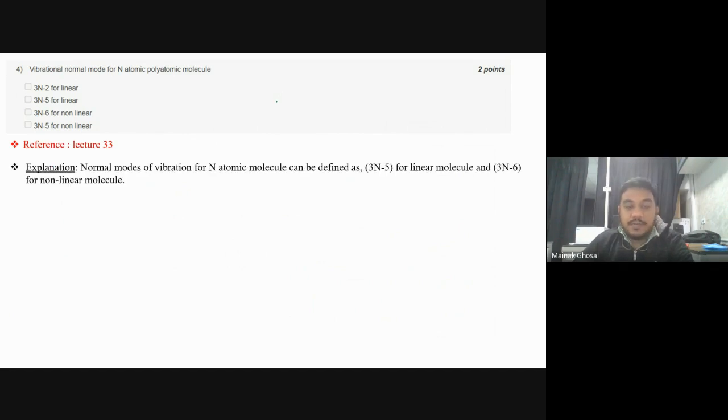The normal modes of vibration for an n-atomic molecule can be defined if the molecule is linear, and differently if the molecule is non-linear. I have given you this statement: 3n minus 5 will be for linear and 3n minus 6 for non-linear cases.